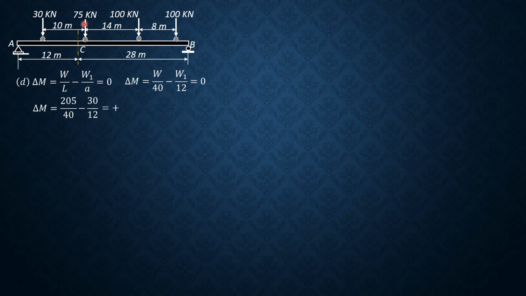But if the 75 kilonewton load is just to the left, then W1 would be 30 plus 75, and W would be 305. So delta M is 305 over 40 minus 105 over 12, and that is now negative. So that means the preceding load, the 75 kilonewton load over C just to the right, gives maximum moment at C.